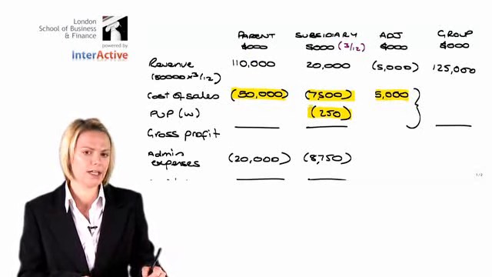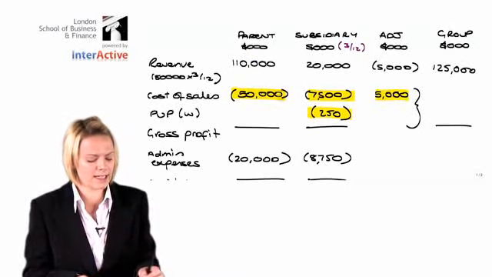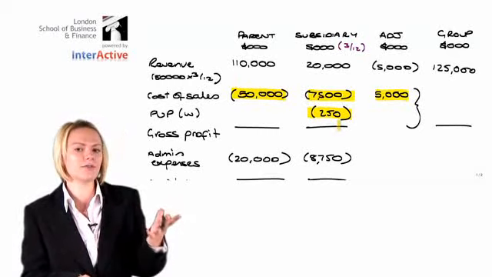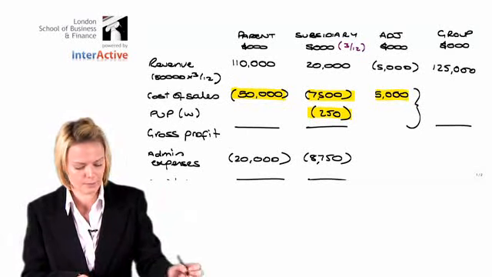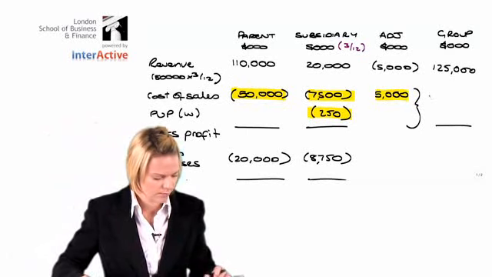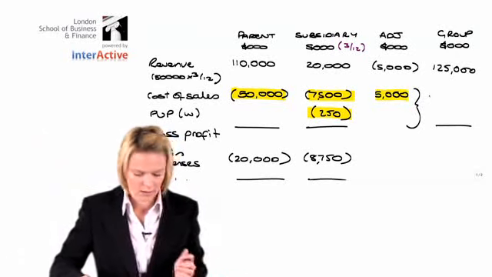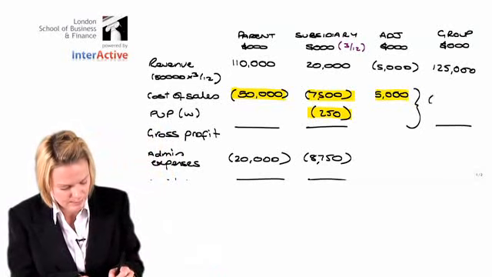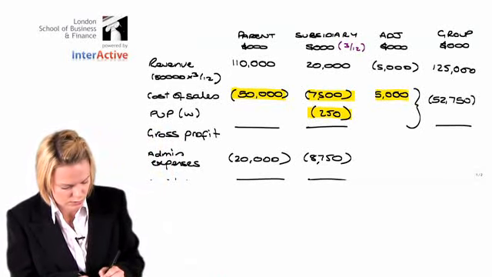So add the three pluses together and take off the minus. I know it sounds a bit bonkers, but add together everything that increases cost of sales and take off the intercompany purchase. That's going to give us $52,750 as group cost of sales.